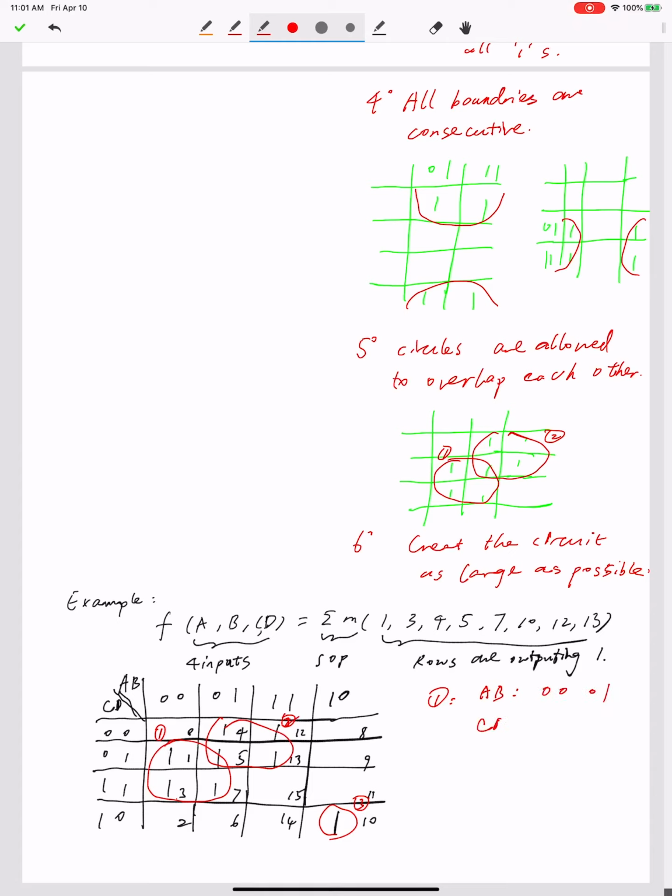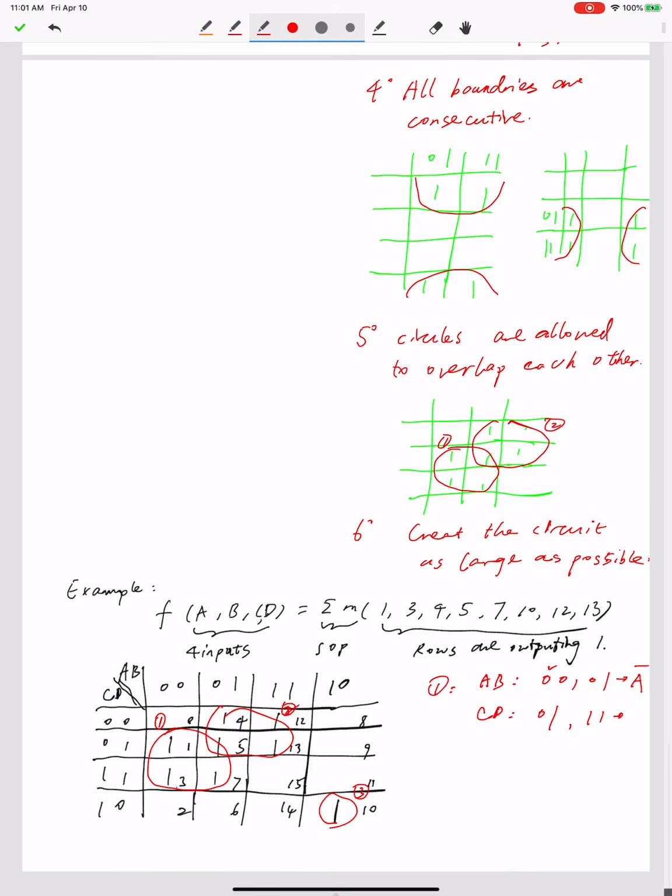For CD, it occupies 0, 1, and 1, 1, right? And then for each of AB and CD, we just need to find the unchanged variable. For AB, you see A is the unchanged variable, and A is always 0, which means the inverse of the input.